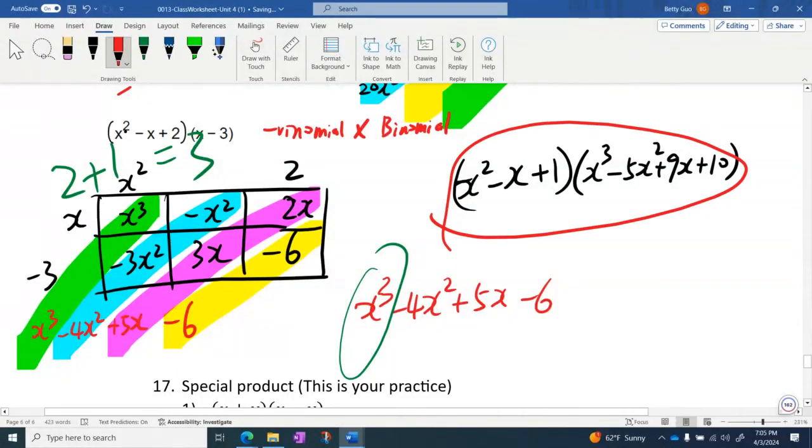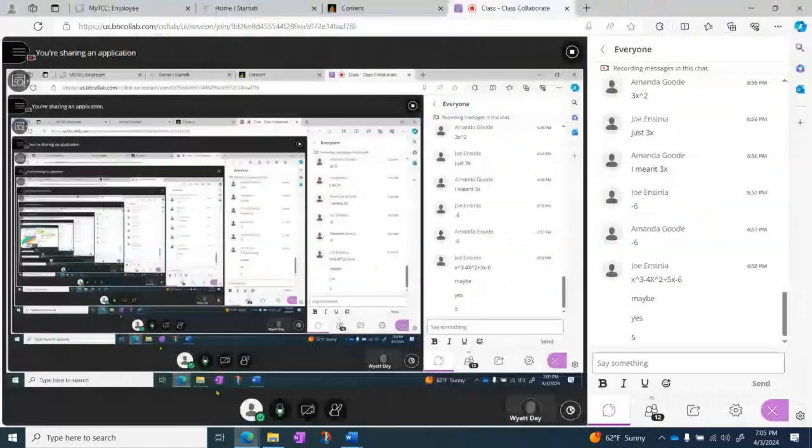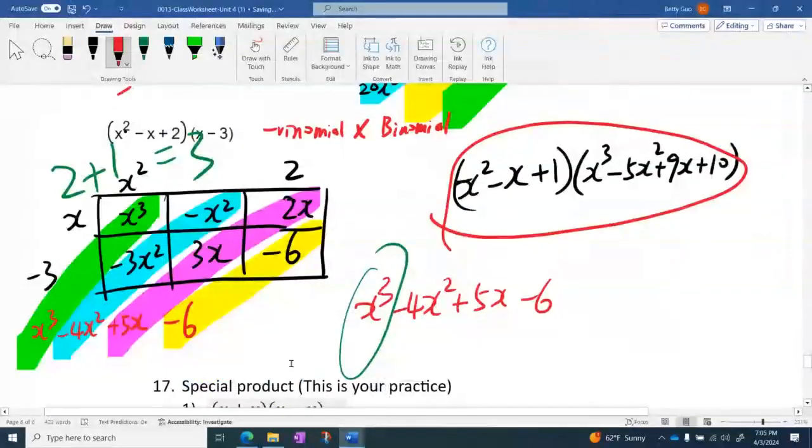Tell me the result. So multiply a trinomial by a polynomial with 4 terms. The result is a polynomial as well. What's the degree of the product of the two polynomials? 5. Awesome. So that means you see what I'm trying to show you. Those two patterns can help us keep track that we are doing the right thing, especially the degree.